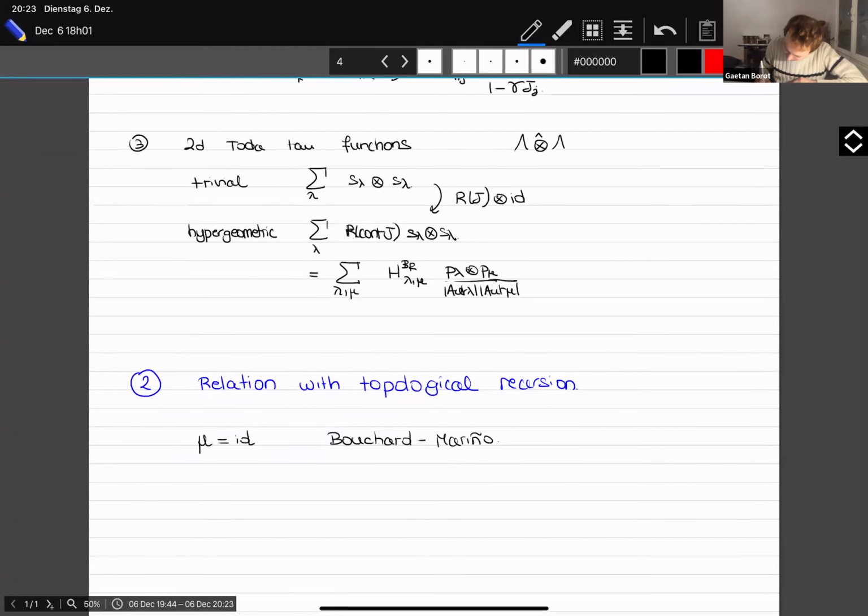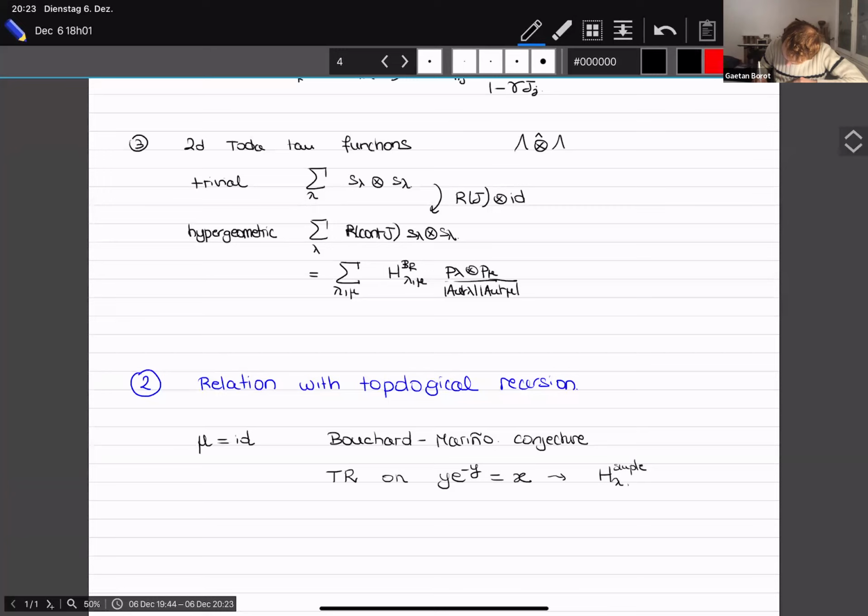And the Bouchard-Mariño conjecture stated that if you apply topological recursion TR on this curve, then you actually get the simple Hurwitz numbers.